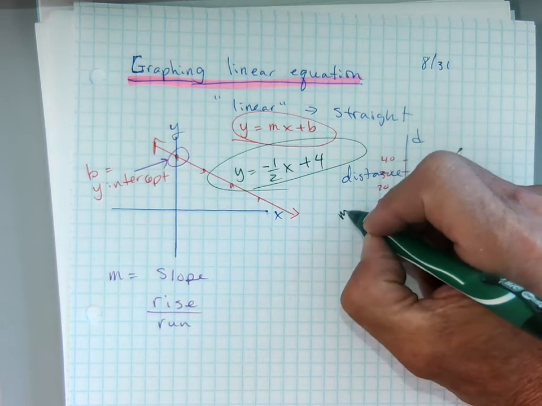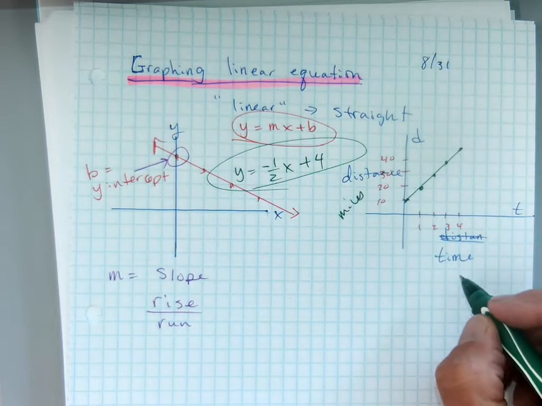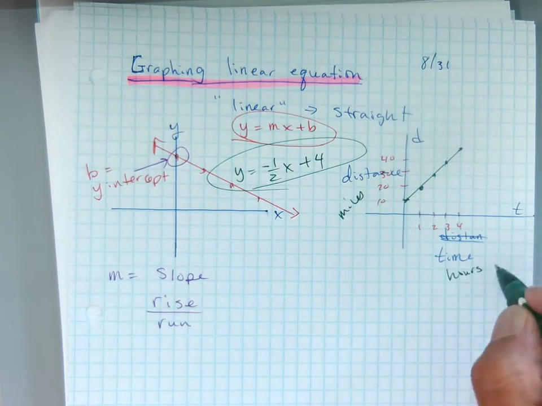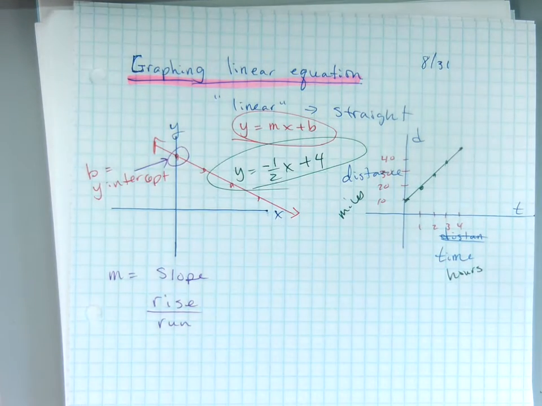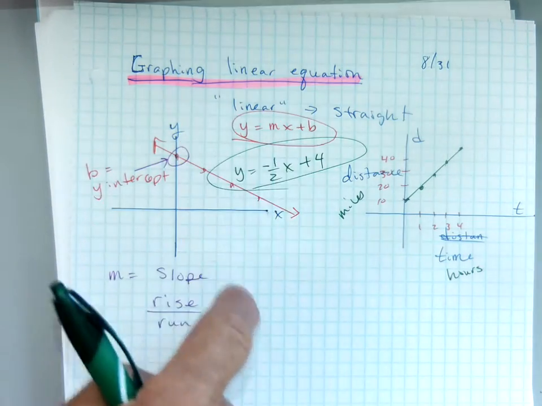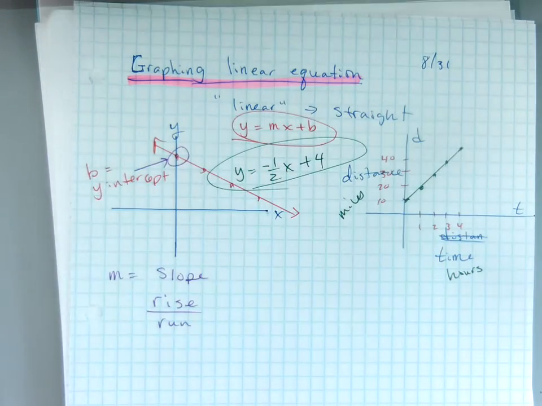Better make sure these are miles. And these are in terms of hours. Okay. Well, if I look at my graph in words, what's going on?